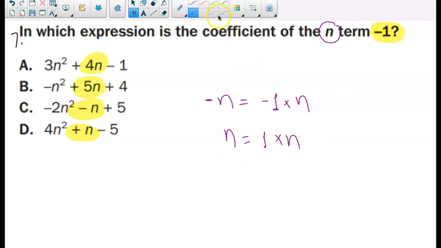So which one do you prefer? What is the right answer for me? With the numerical coefficient, like in the first and second, 4 is the numerical coefficient. This is the 5. So in this case, -1 is the numerical coefficient of n, right? That is my right answer. C is correct.